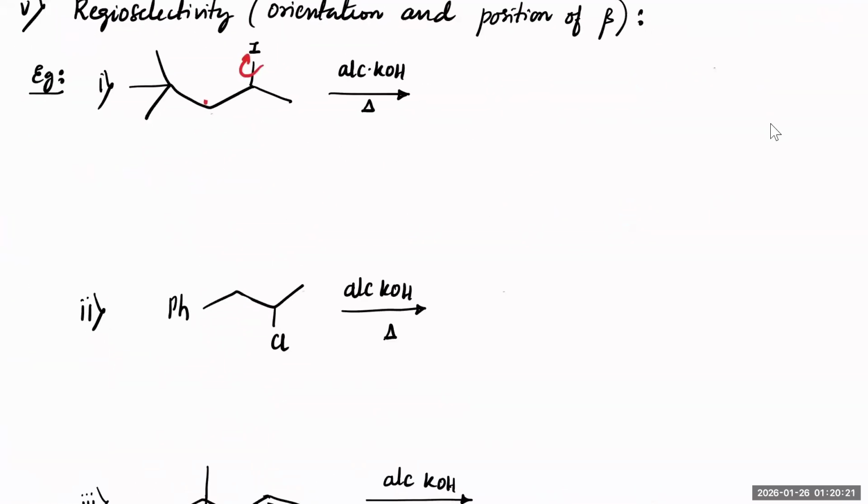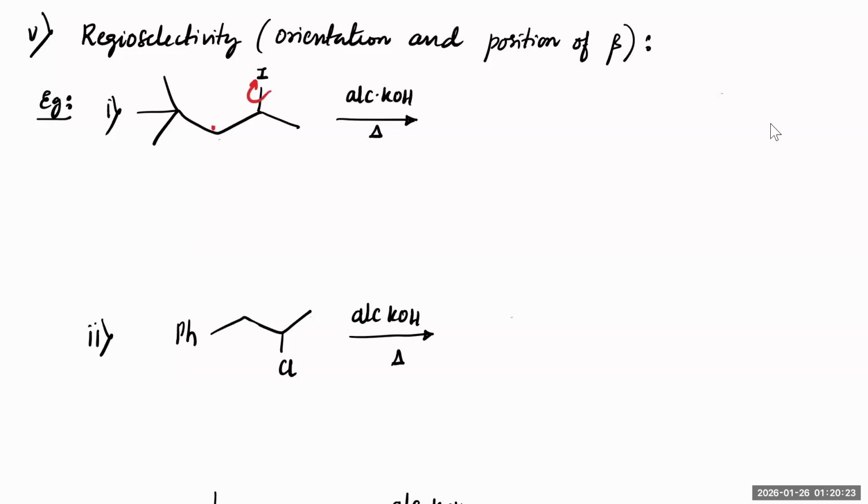Next, let's talk about the regioselectivity of the E2 mechanism. Just like we learned for the E1 mechanism how the regioselectivity works, similarly regioselectivity for E2 will also work. Now notice, when you treat with alcoholic KOH, this is the alpha position, while this is beta and this is beta as well.